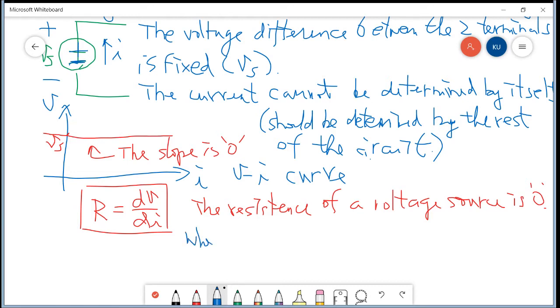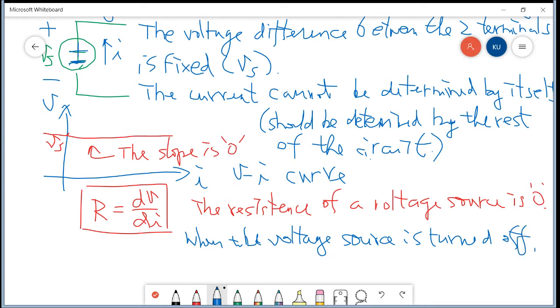So when the voltage source is turned off, it is short connected, which means we make the Vs to be 0.